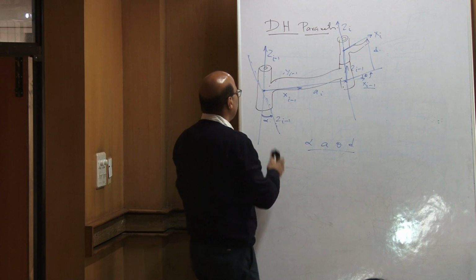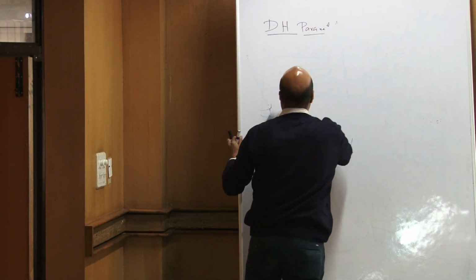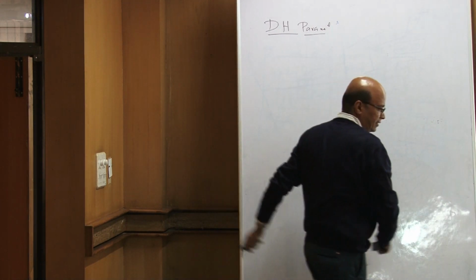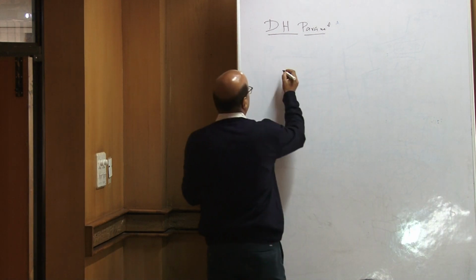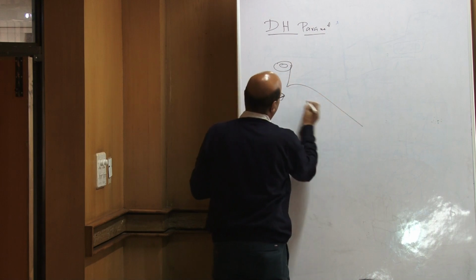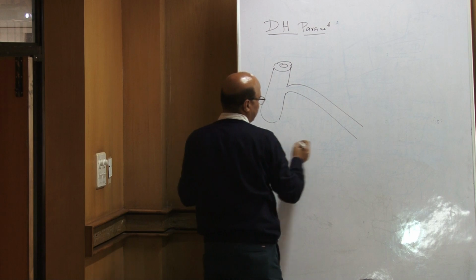Okay. So I will draw it again. Let's draw it again, because once you understand it, there is nothing difficult in that. So let me draw it like this now. This is one axis.